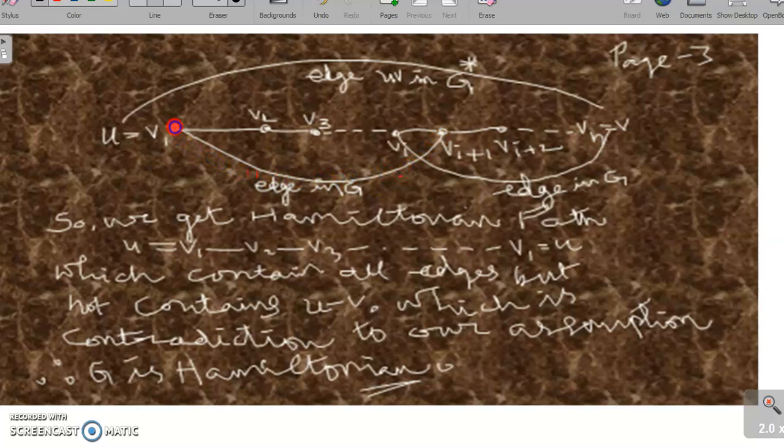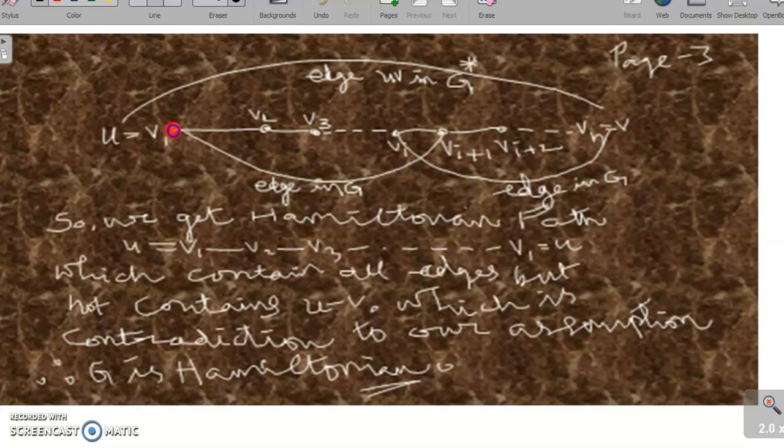A Hamiltonian path I am getting. The graph is Hamiltonian because starting from the vertex, moving like this, then it is going like this, coming again to this part of the graph, then coming here and going to that vertex. So it is Hamiltonian. Am I correct? So in this Hamiltonian, there is a contradiction.